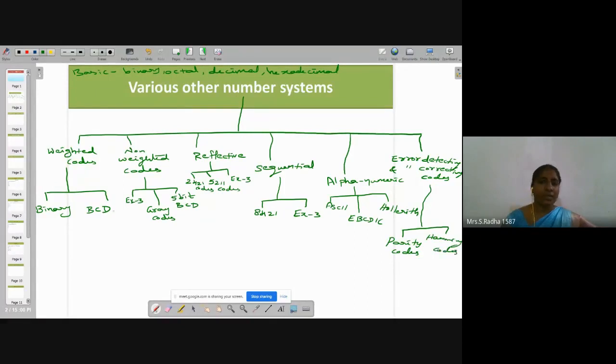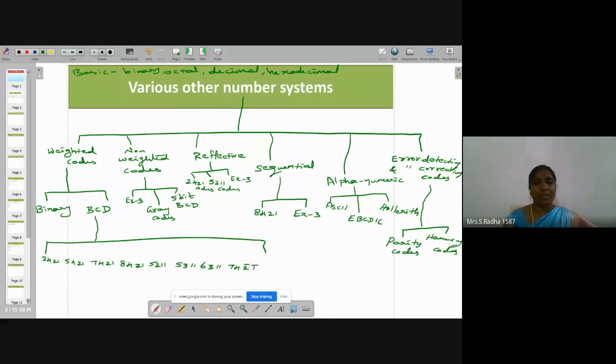So binary codes, again, there is a variety with position values. So we have 2421, 5421, 7421, 8421, and 5211, 5311, 6311, 7421 with bars, 8421 with bars, and finally 3421, 4221.